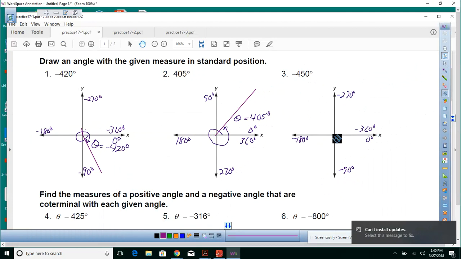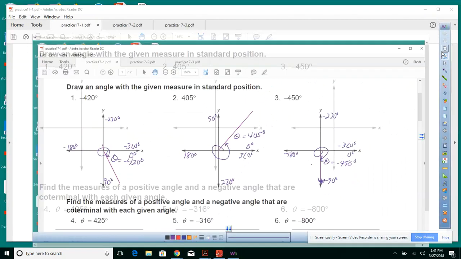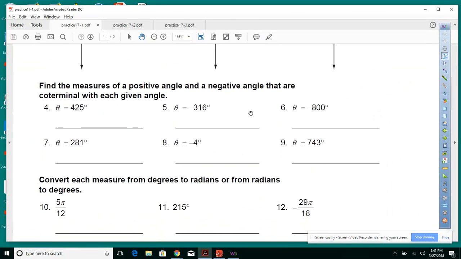So our terminal side is going to be the negative portion of the y-axis, and that's going to be right there. Okay, so we start here, we go back around to right there, and so theta equals negative 450 degrees. All right, good deal. So let's look at number 4.